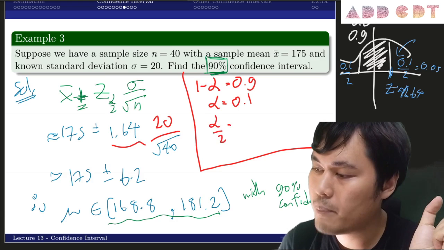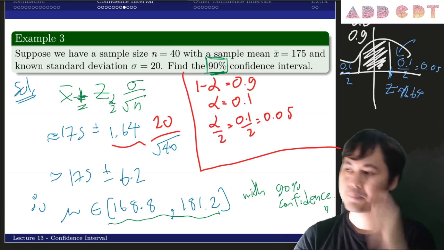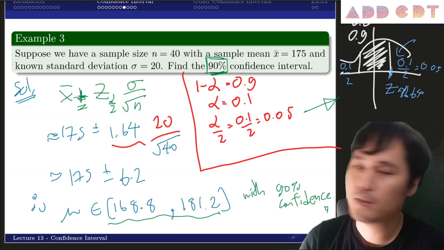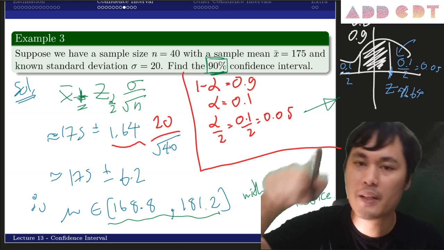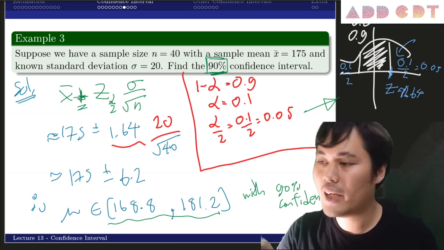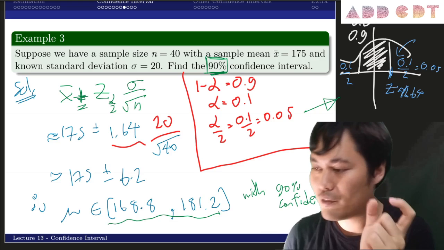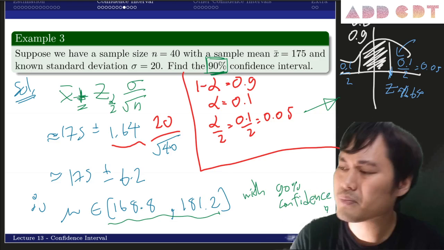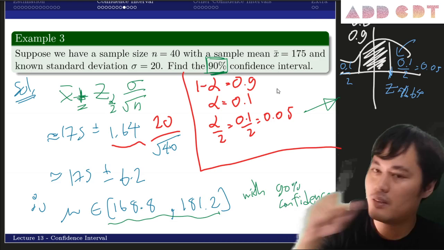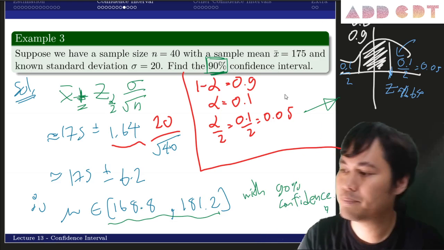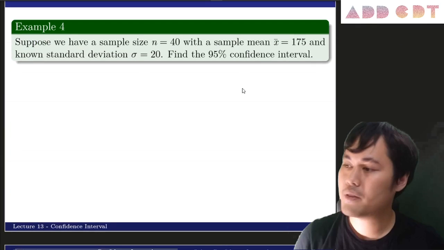So alpha divided by 2 is 0.05, and we get the same number as with the curve. But if you start from the formula, you have to remember it has to be 1 minus alpha, not alpha minus 1, and then remember to divide by 2. If you don't want to do that, just draw this curve first, and everything else will follow from that curve.